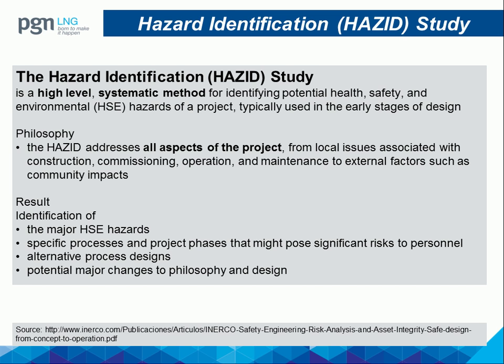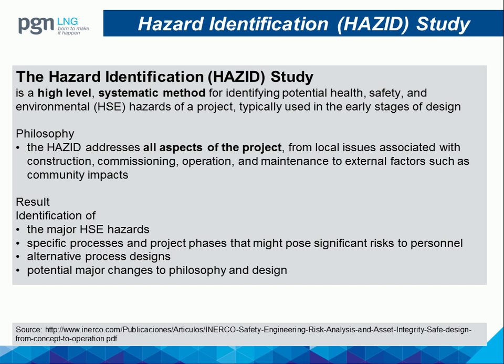So basically, HAZID is very high level. It's a systematic method to identify what kind of potential health, safety, and environmental hazards a project has. And this is typically used in the early stage of design because you do not go deep into the design itself. So it's more the surroundings, what kind of major hazard, what kind of process or project phase might pose significant risk to personnel.